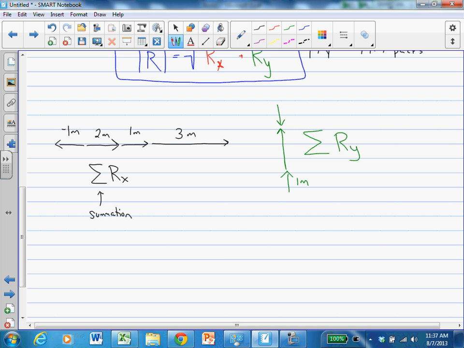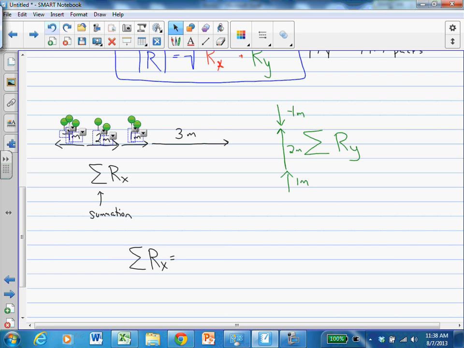Then your summation of your Rx's would be minus 1 plus 2 is 1 plus 1 is 2 plus 3, it's 5 meters.